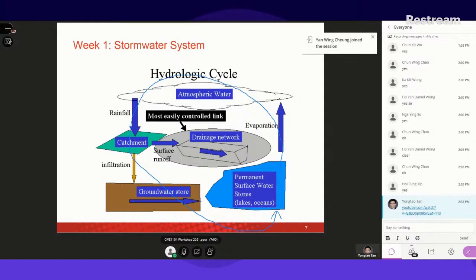And I just mentioned that the rainfall on the catchment either infiltrates to the groundwater, for the natural catchment, or runs off to the channel, for the artificial catchment, such as roads and existing buildings or infrastructures.